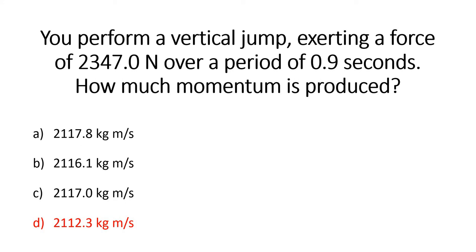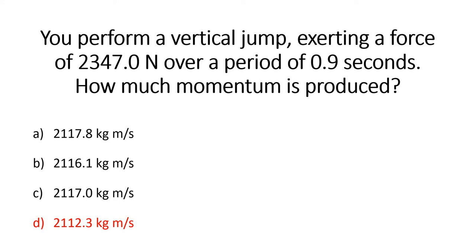So whatever force is applied over whatever duration of time will be equal to the velocity of the mass of the object that is moved. So impulse is equal to a change in momentum. So if you have impulse, you know that momentum will be the same value, just with a different unit of measure, and vice versa. So you've already seen the answer for the next question.